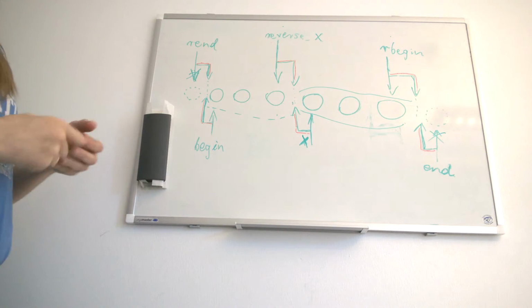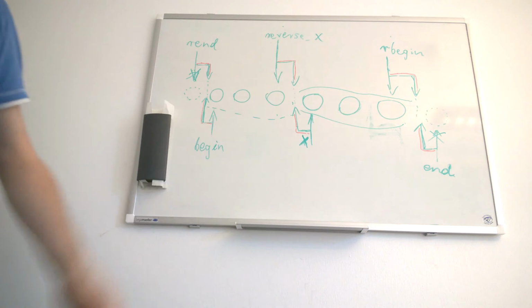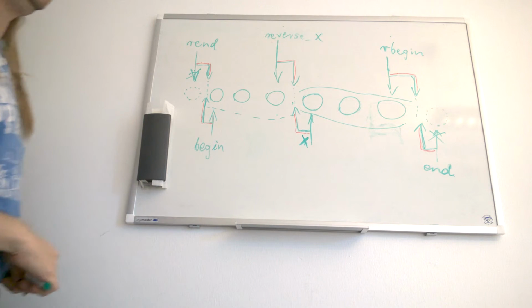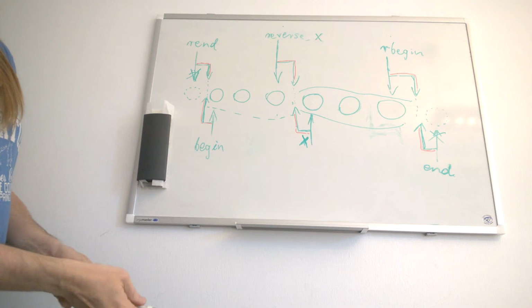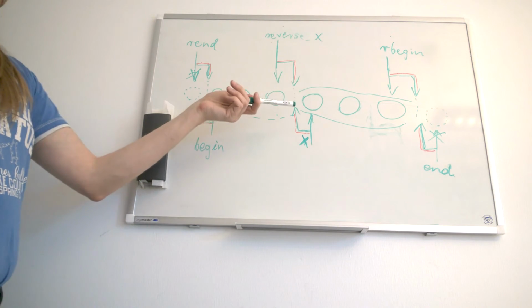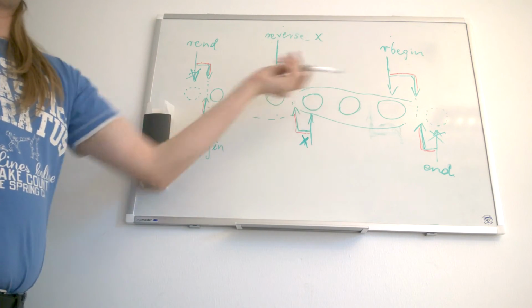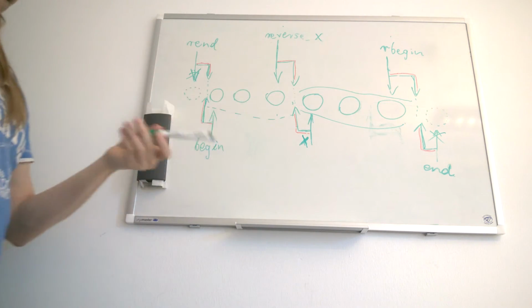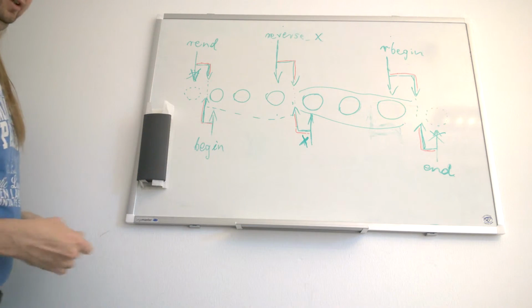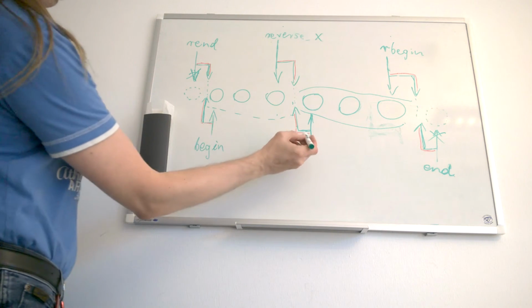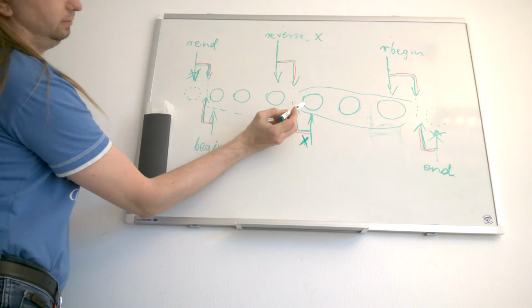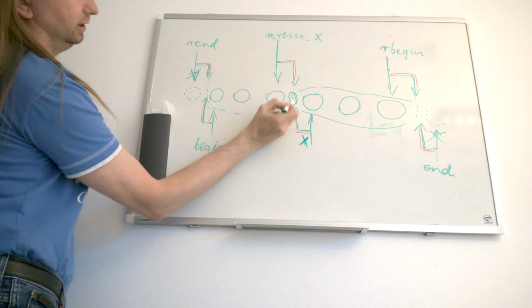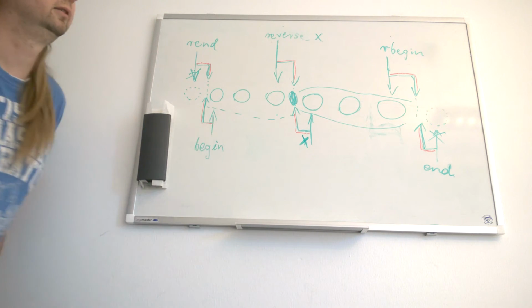We are just taking it from a different container, say, because it's from different perspectives, I'd say so. But this x and this reverse x still point to the same border between elements, right?